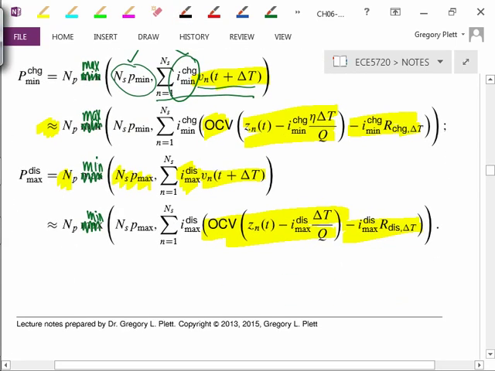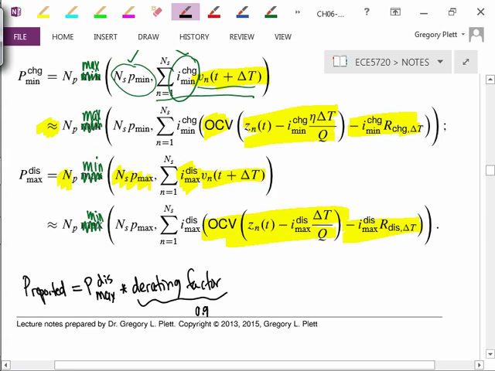So the value that I give to the vehicle is, say, power max discharge times derating factor, where this might be a number, say, 0.9, so that I allow myself 10% inaccuracy in my computation based on all the assumptions that have been made to get to this point.